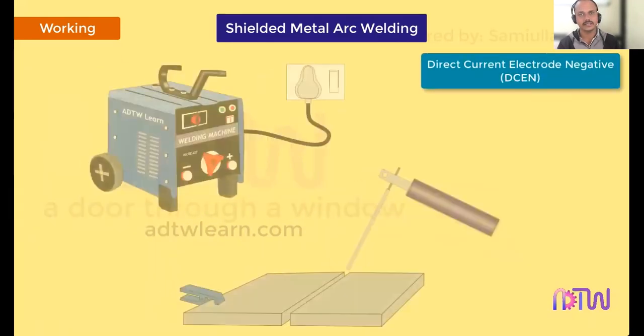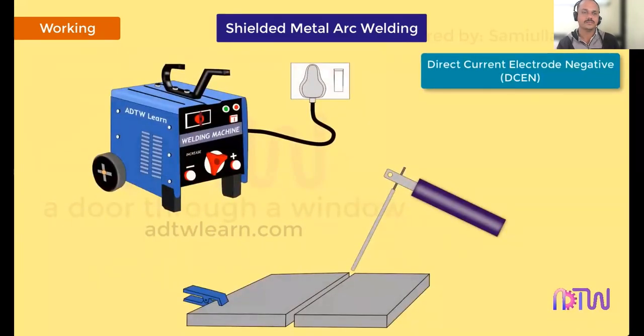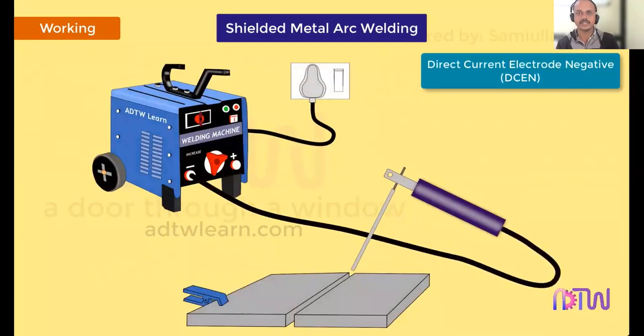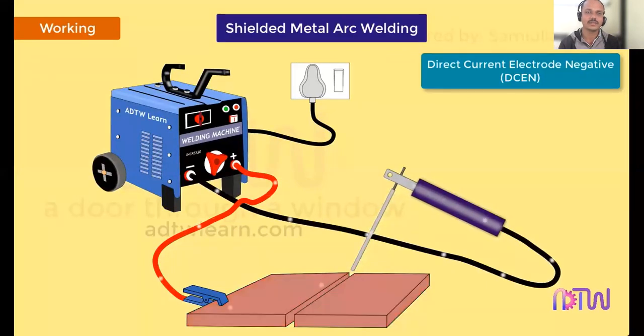When we connect the electrode holder to the positive, the other cable is connected to the negative terminal. So the current flows from the negative terminal to the holder, then the electrode, and through the workpiece it goes to the transformer.